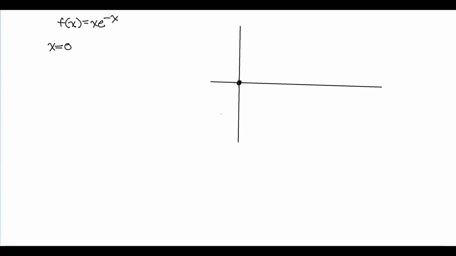So let's express this as x over e to the x. So we have a quotient, and that helps us better with this step. Now, are there any values of x that make the bottom value 0? Because that indicates a vertical asymptote. Now, that is never true. Okay, e to the x cannot equal 0. So there are no vertical asymptotes.